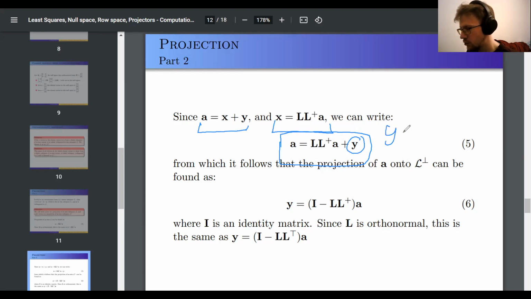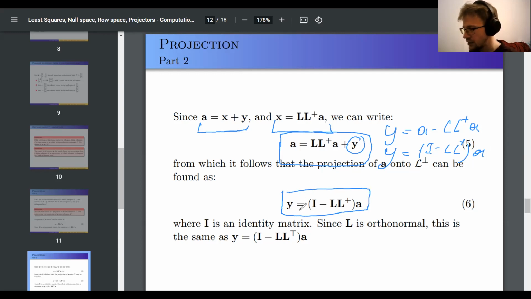So Y would be equal to A minus L pseudo inverse A, which is the same as identity minus L pseudo inverse A. You follow me, right? It's pretty clear. And that is the result here.